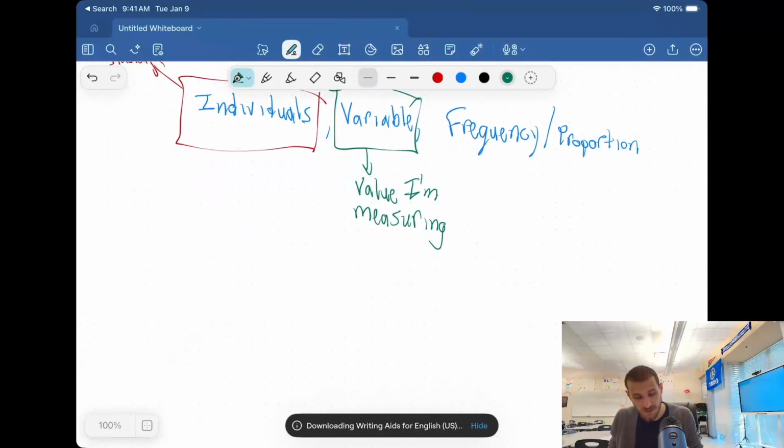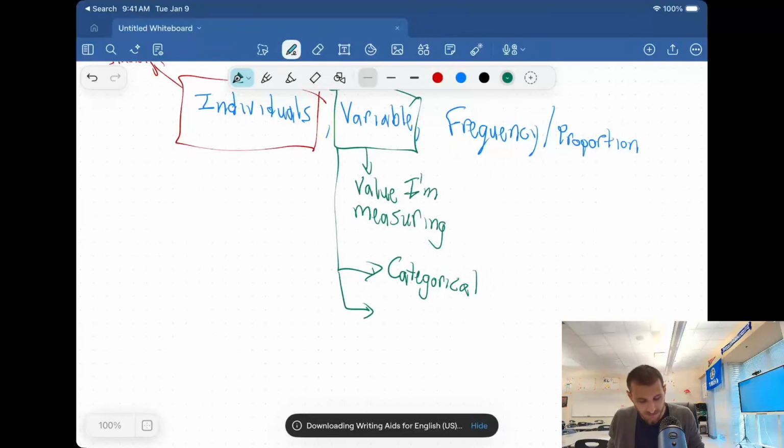And remember that variables can be either categorical or quantitative. Categorical variables are variables that are not numerical, or if they are numerical, we can't do basic math with them. We can't add, subtract, multiply, and divide categorical variables in intelligent ways. Quantitative variables, on the other hand, are numbers that we can add, subtract, multiply, divide.